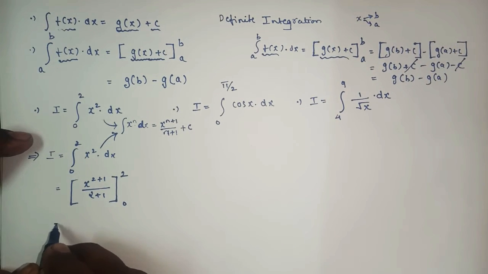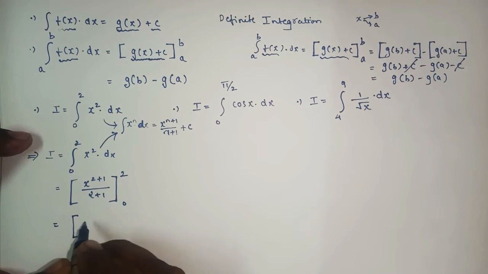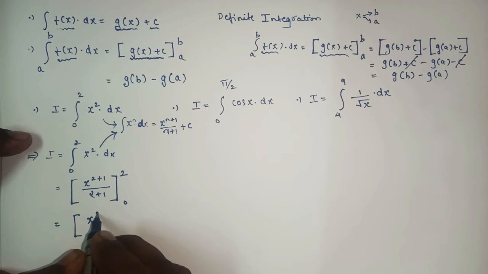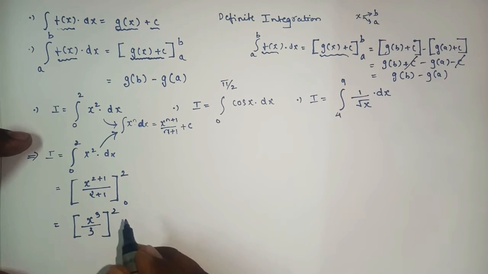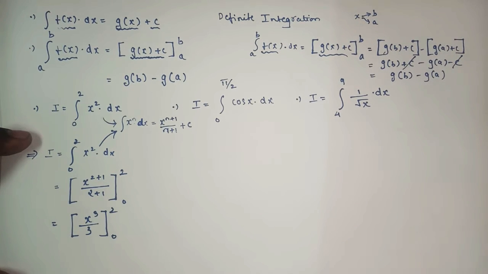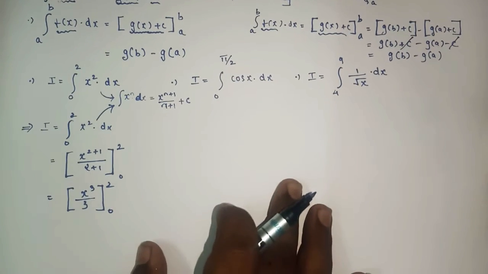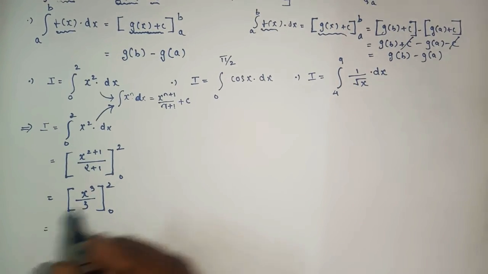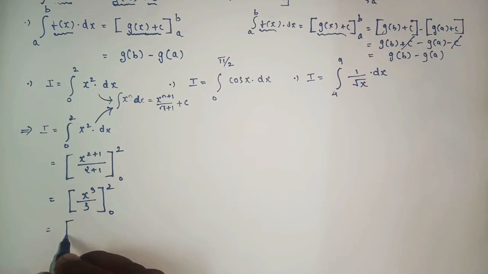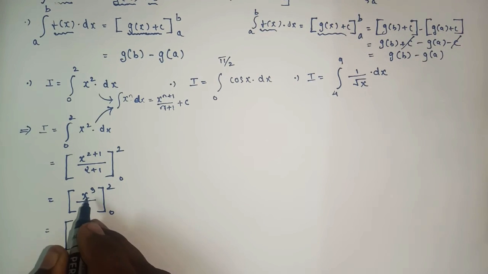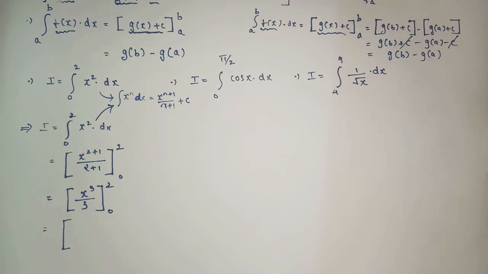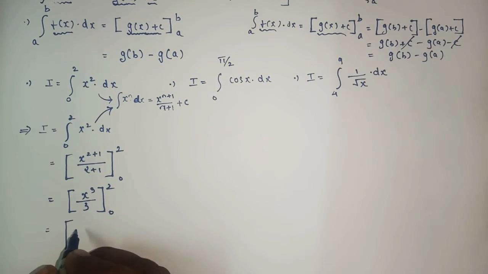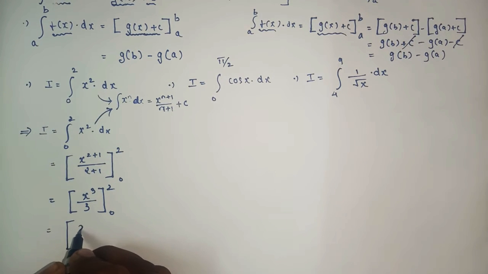Now after this, x raised to 3 upon 3, upper limit and then lower limit. Now simply what you have to do, as I just explained, is first replace the value of x by 2.